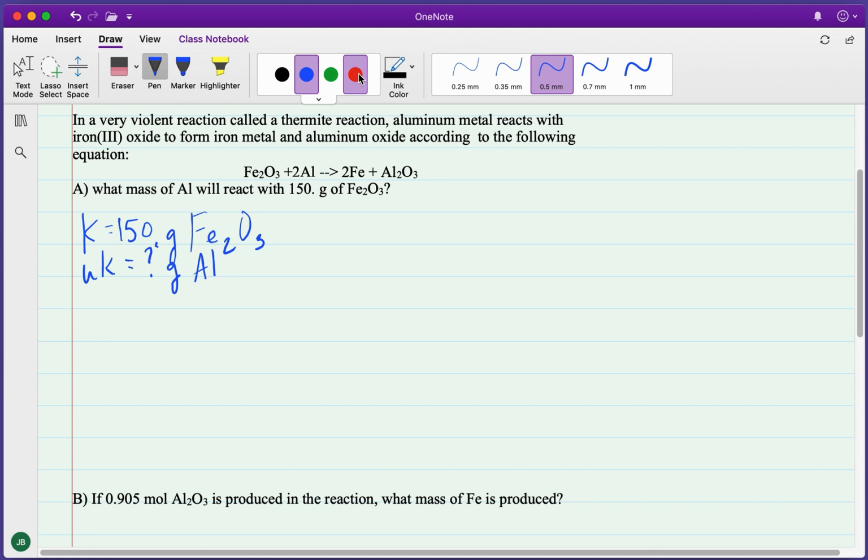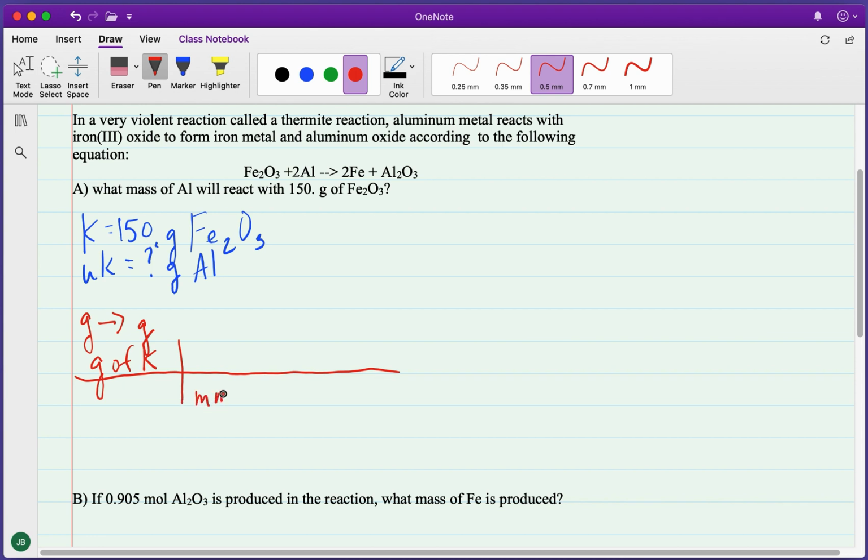So what we have here is grams to grams. So that's problem type 4. And the map for that is going to look something like this, where you're going to have the grams of the known. I'm going to abbreviate known as K. And then from there, we're going to put in the molar mass of the known.